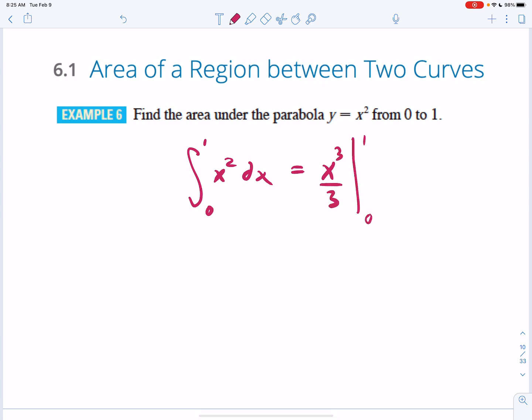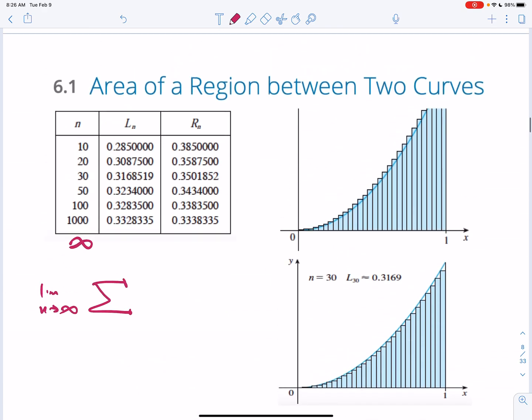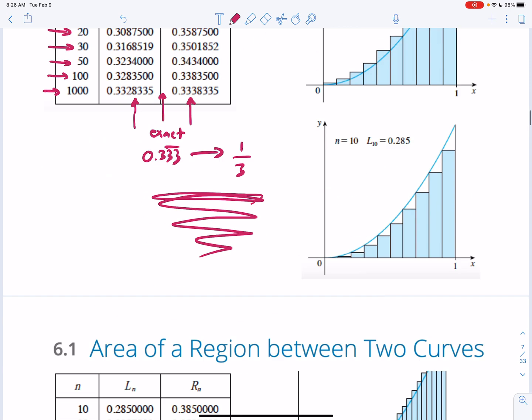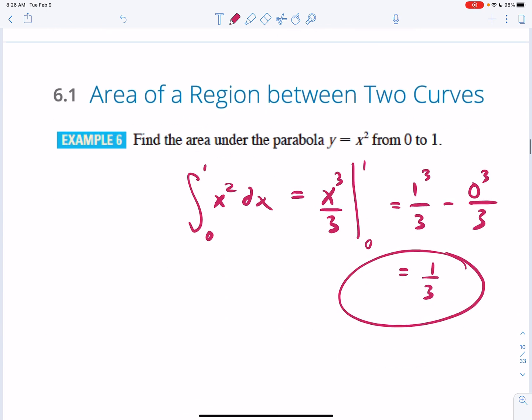And then we learn to evaluate by plugging in upper minus the lower. That comes out to 1/3, which is exactly what we predicted, or I predicted earlier, right? So we went from approximating to actually finding the area under a curve.